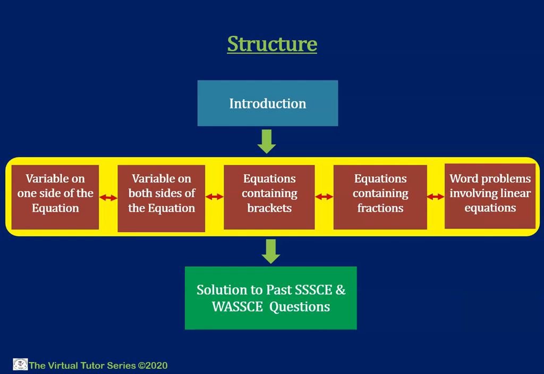Afterwards, we will present detailed lessons on the various linear equation types, including the type in which the variable is on one side of the equation, the type in which the variable is on both sides of the equation, equations containing brackets, and equations containing fractions.